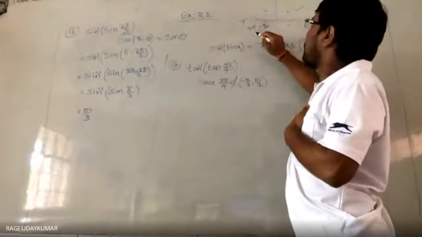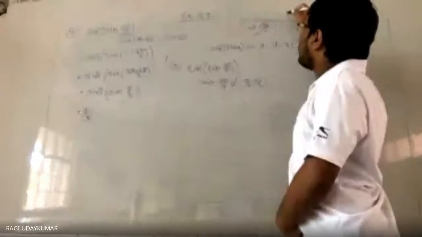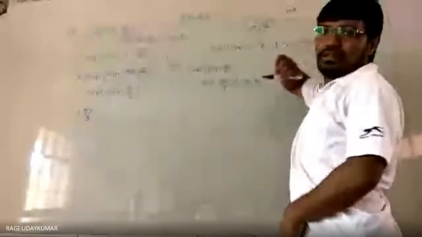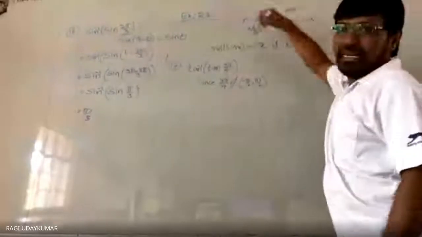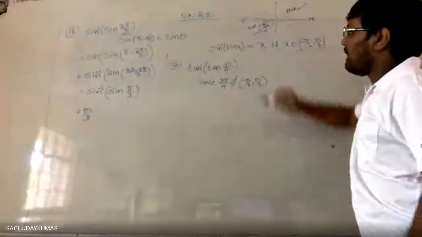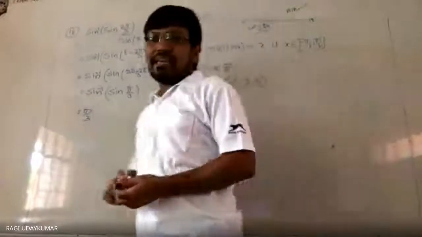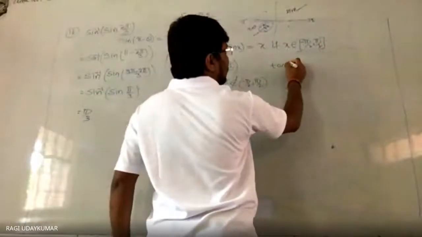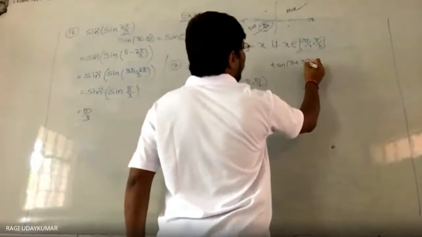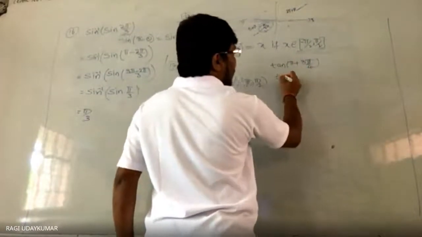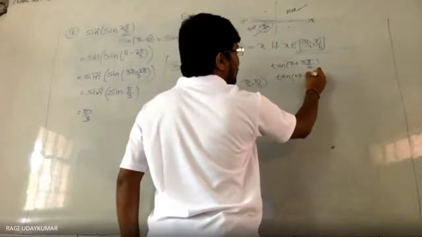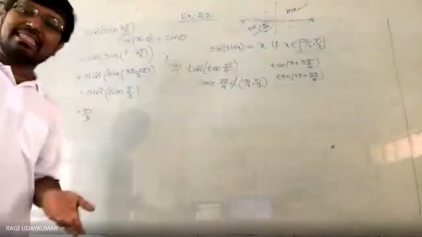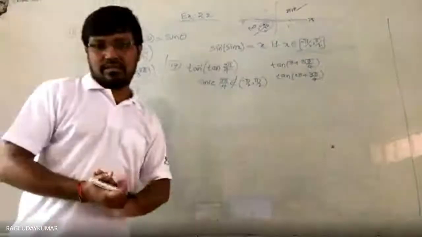In this quadrant you have π plus θ. In this quadrant, if you take 2π plus θ, this is 2π if you complete it. Here it is positive, here it is positive. You can write this as tan of π plus 3π/4 or tan of 2π plus 3π/4. But if you write like that, again the value is increasing, not decreasing.